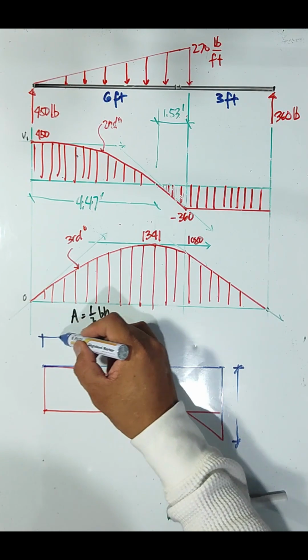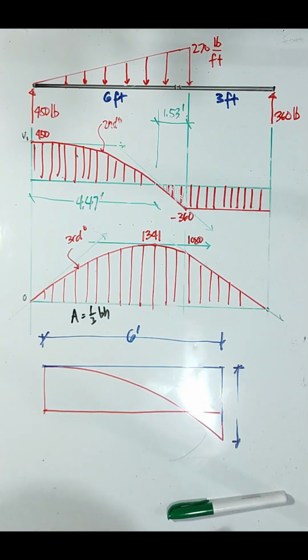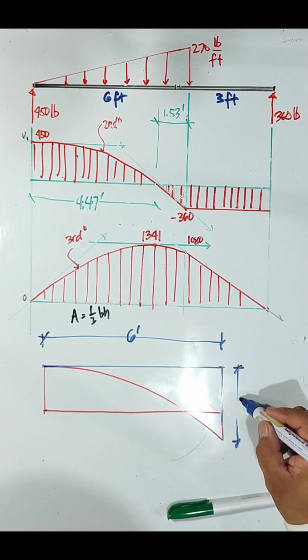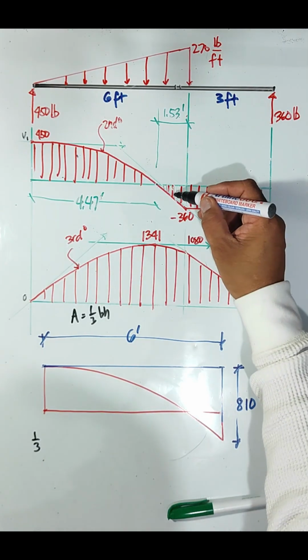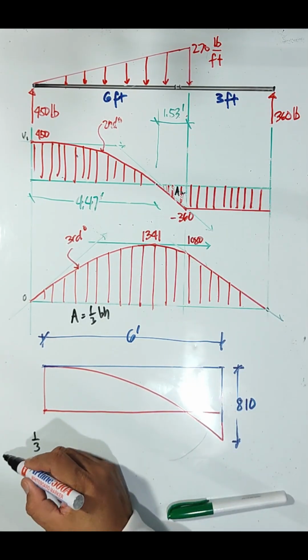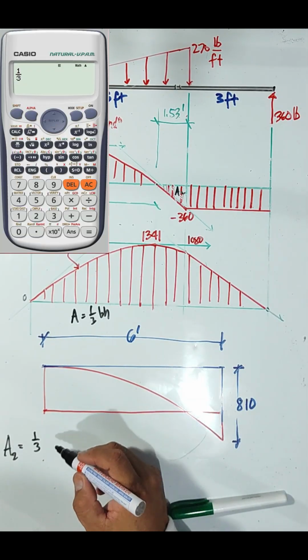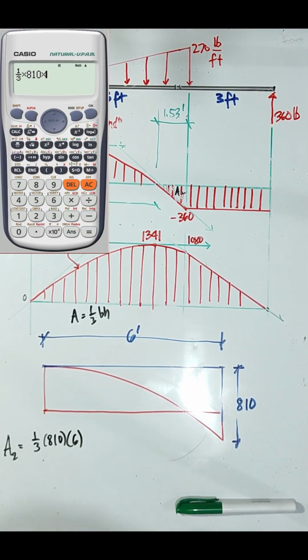And this distance is 6 feet. This one is 450 plus 360 is 810. Okay. Let's call this area 2. Area 2 is 1/3 of 810 times 6.